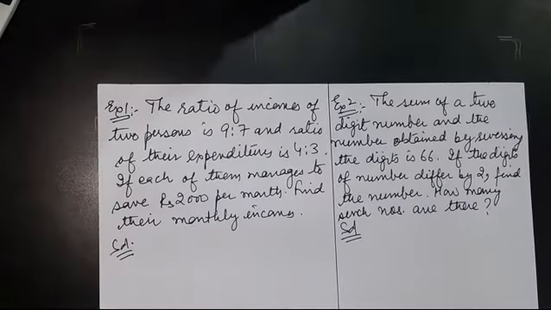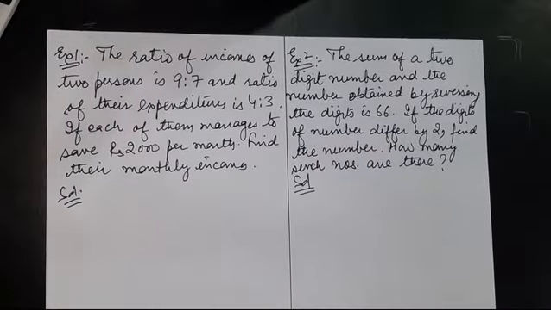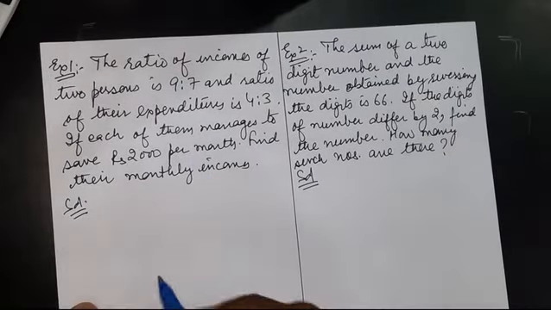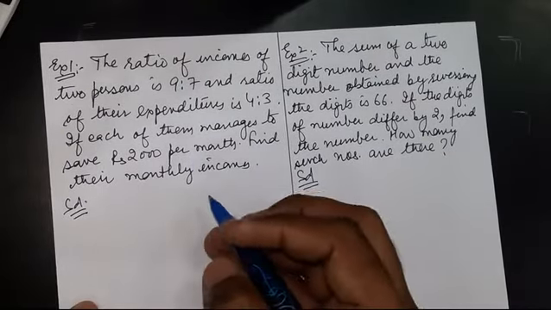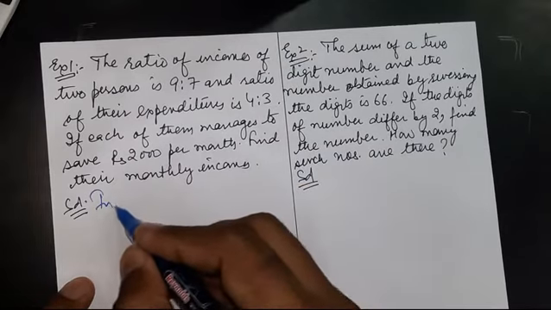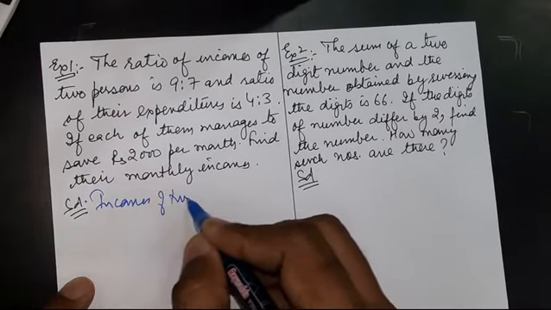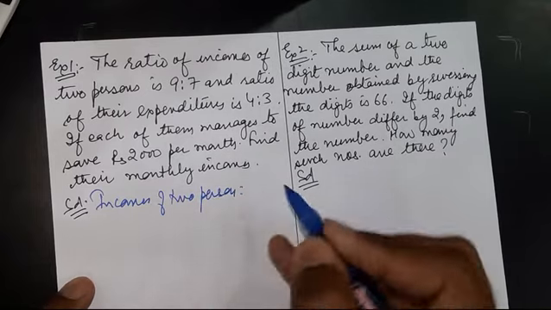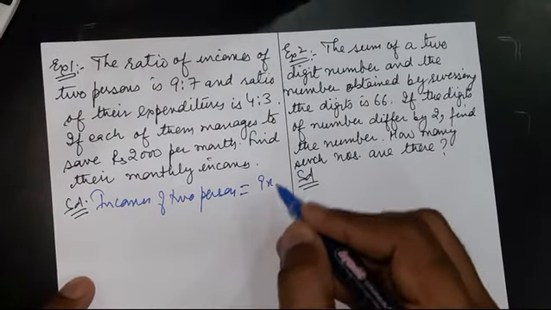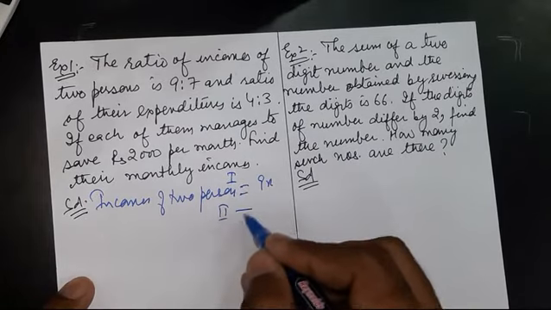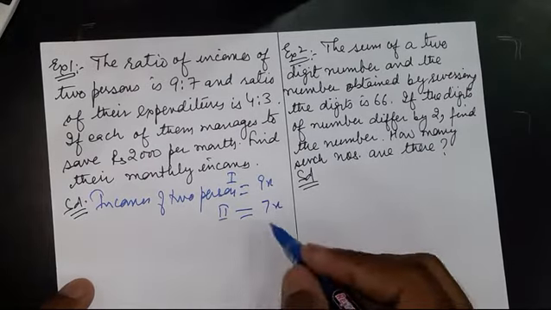So let us take some more examples over here to solve the statement questions. Like this is an example: the ratio of incomes of two persons is 9:7 and the ratio of their expenditure is 4:3. So what could be there? Let us suppose the ratio of income of two persons is 9:7, so the first person's and second person's income will be 9x and 7x, let us suppose.